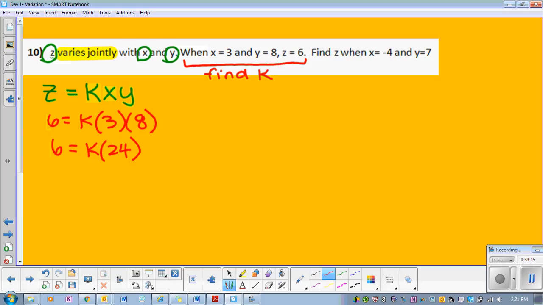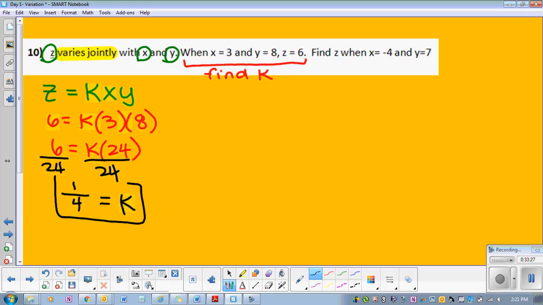Then divide by 24. Divide by 24, and what do you get for k? 1/4. Good. K equals 1/4. Now, you are going to rewrite this original equation with your k in it.